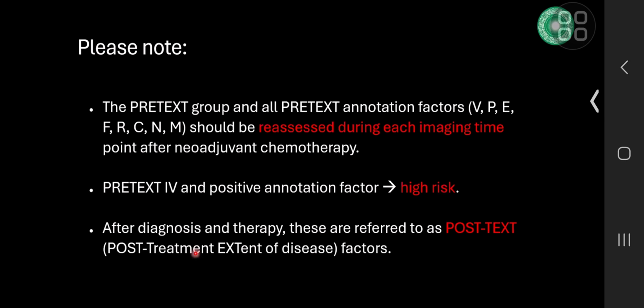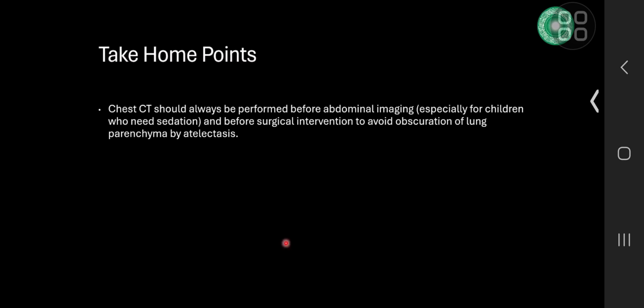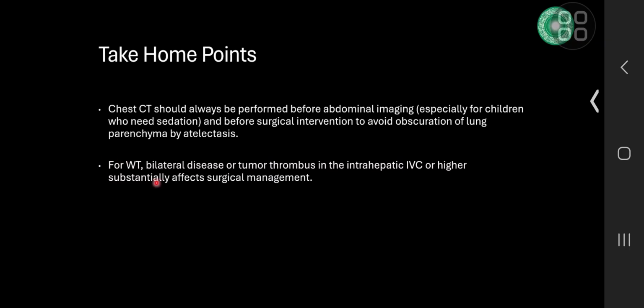So the take-home points from my talk are: CT chest should always be performed before abdominal imaging, especially for children who need sedation or anesthesia, and especially before any surgical intervention or procedure to avoid obscuration of lung by atelectasis. For Wilms tumor, a bilateral disease or tumor thrombus in the IVC or higher can substantially affect the surgical management and needs to be documented.